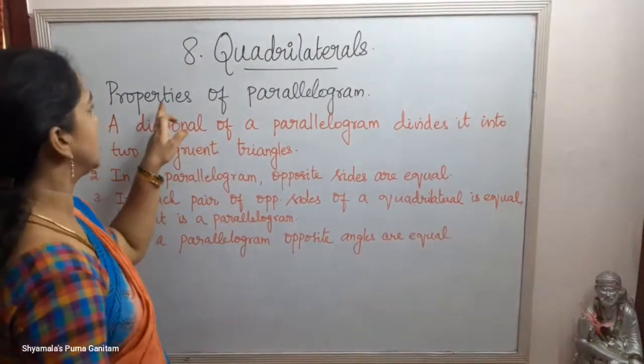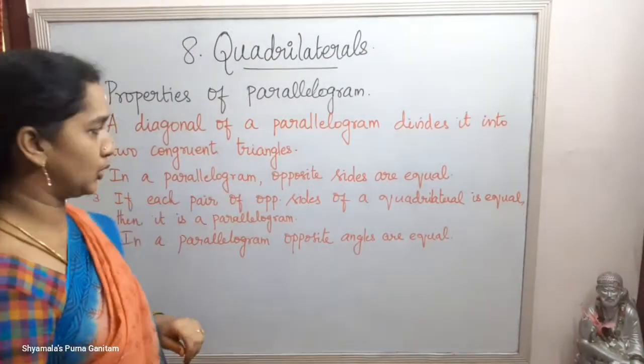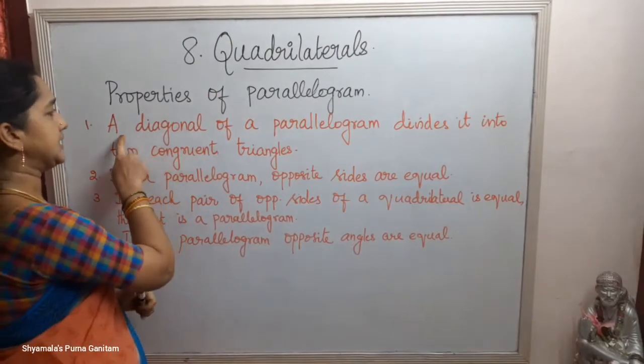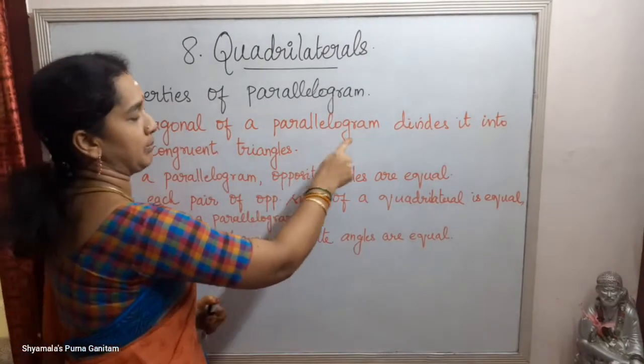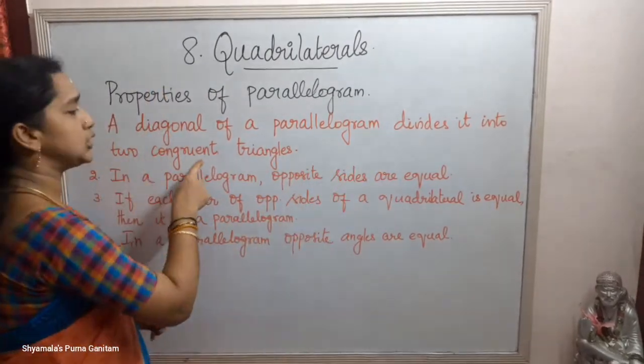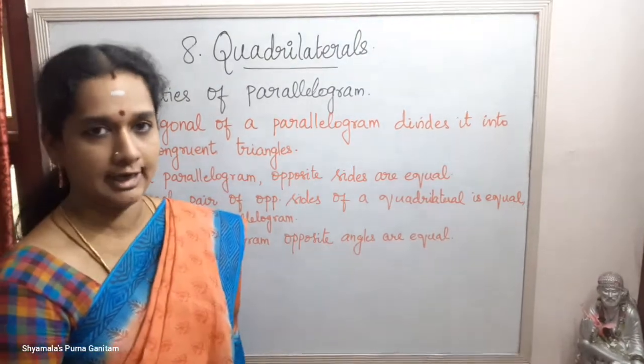Now we will see the properties of a parallelogram. First property: the diagonal of a parallelogram divides it into two congruent triangles.